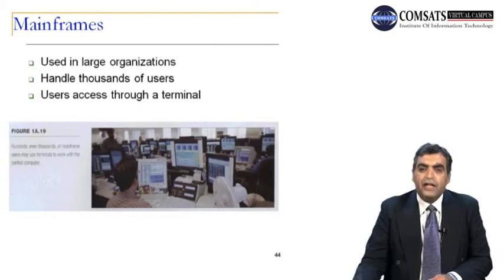Basically, there are two types of terminals. One is called a dumb terminal, and the other is called an intelligent terminal. Let me clarify the terms intelligent terminal and dumb terminal. A dumb terminal does not process or store data.